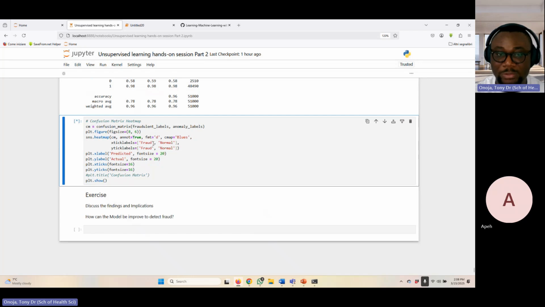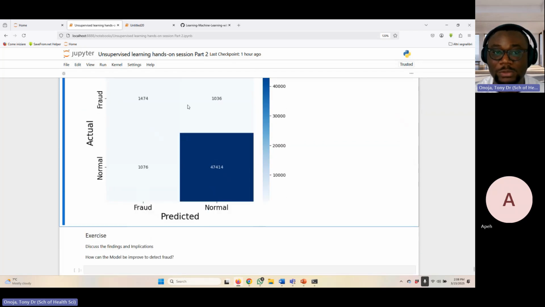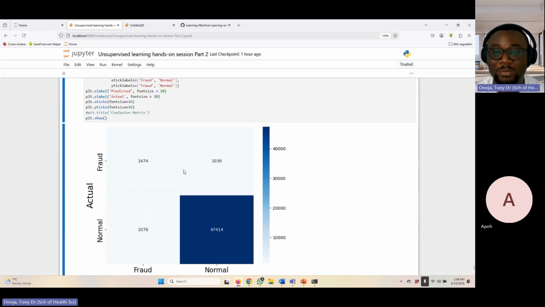Another thing is the confusion matrix, which will help us see which ones we are really missing. We are getting 1,474 right, while at the same time we missed around 1,036. So we can do better by finding a way to make our model discriminate, in order to pick more fraud.